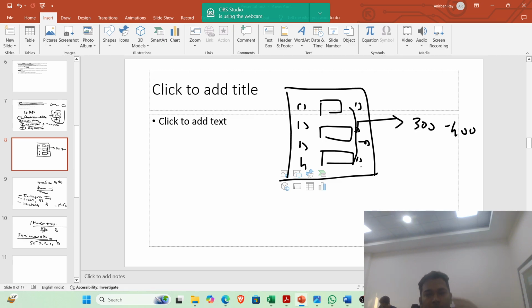A person has to find something, maybe treasure, and has to go through this maze and reach there. The point of this problem is that 300 to 400 blocks are there, but they are almost repeating themselves.